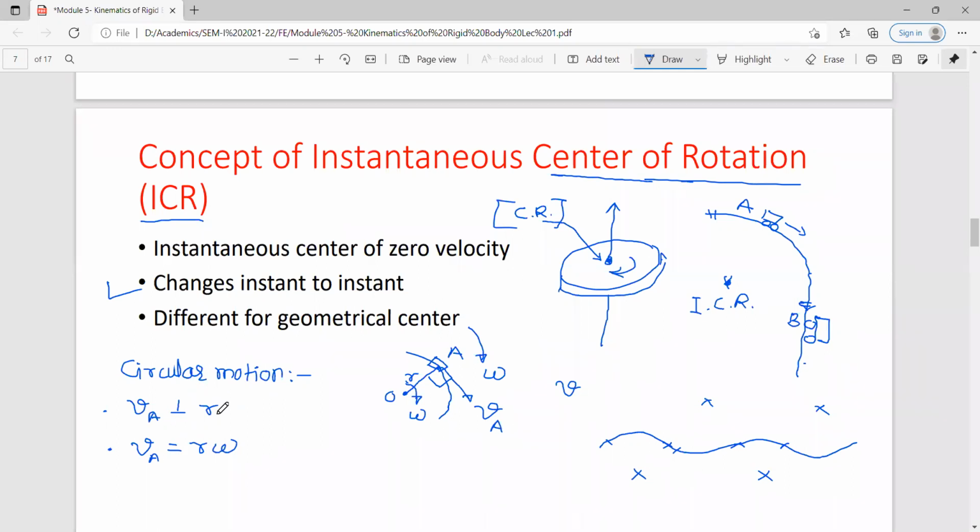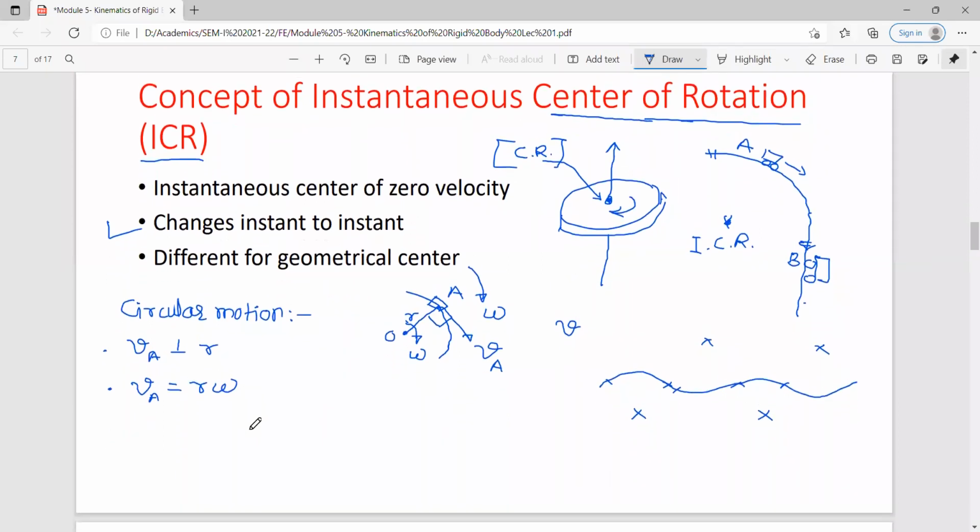Yes or no? Did you understand that velocity of a point is perpendicular to radius and its magnitude is equal to R into omega? Okay, should I proceed? Yes, sir. Okay, so let us now take another case.